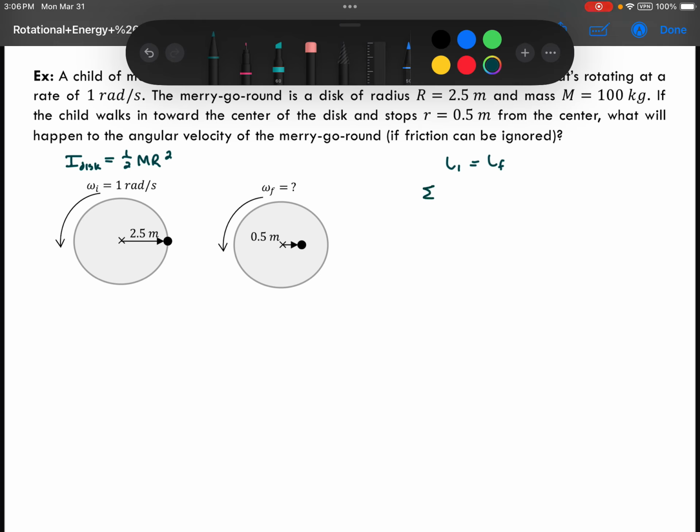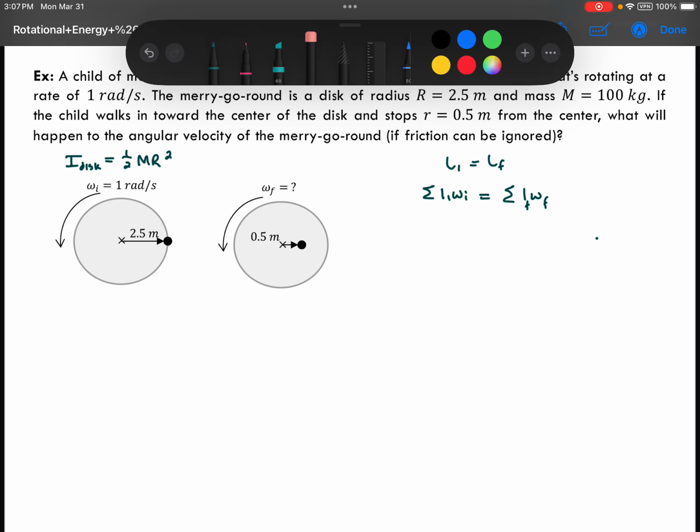And as we know from our linear momentum, we have to take into consideration the momentum of each object before the change happens as well as after. So the sum of the initial rotational inertia times the initial angular velocity equals the sum of the final rotational inertia times velocity.